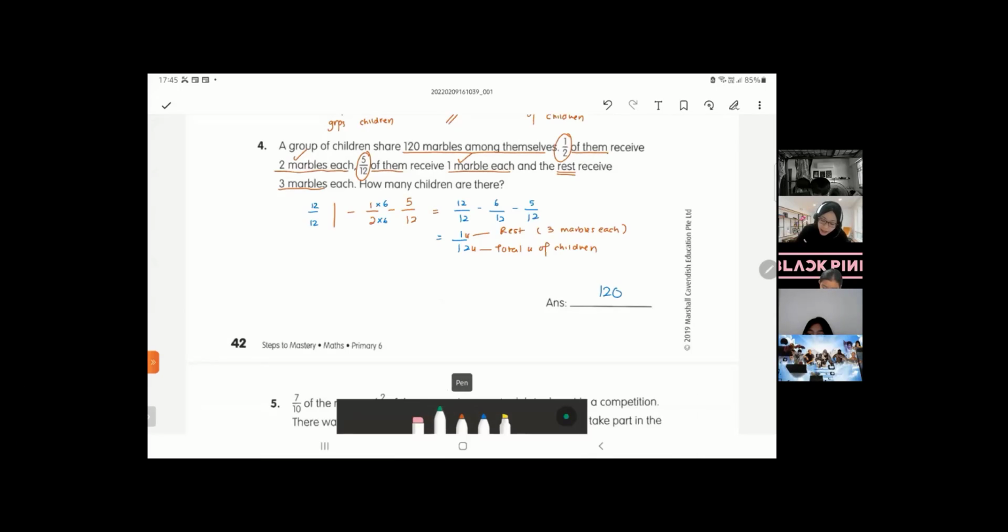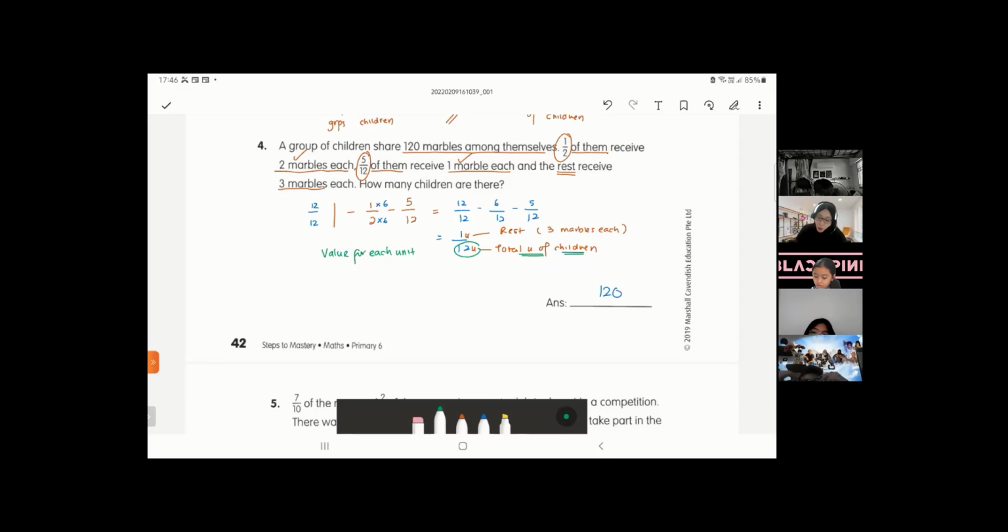It's very tempting to just put 12 units is 120, but remember, this is total units of children. This 120 is marbles. They are not the same. Children is children. Marbles is marbles. So I cannot do that, because I know many of you will think, okay, 12 units is 120, 1 unit is done. No.